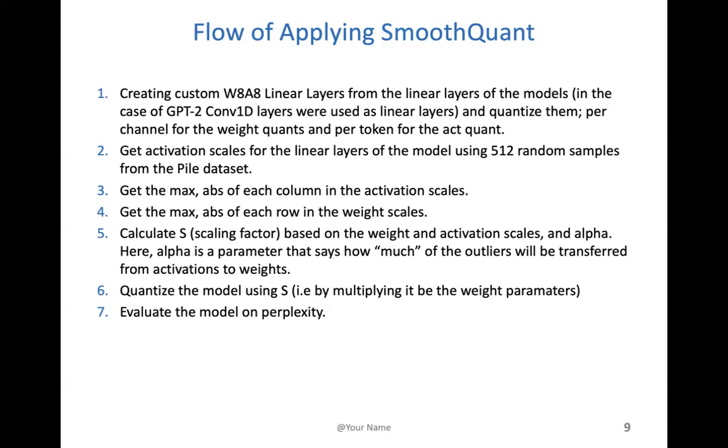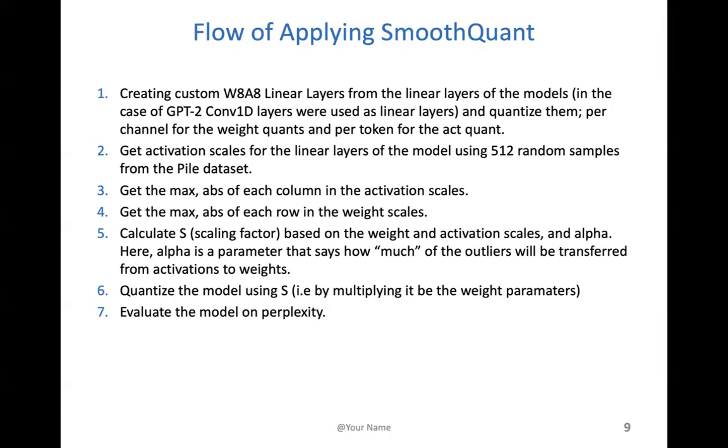The third step was to get the max absolute value of each column of the activation scales. Next, we got the max absolute value of each row in the weight scales. And finally, we calculated the scaling factor based on the weight and activation scales and the alpha factor.